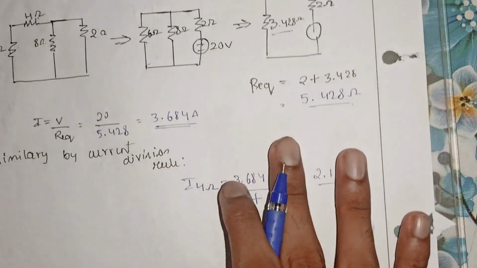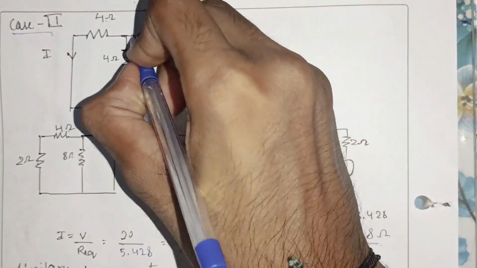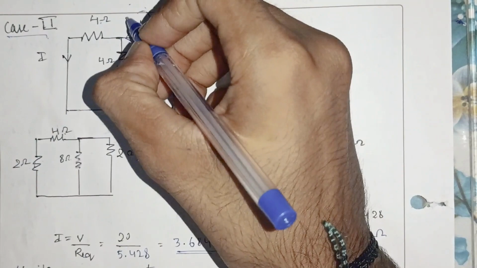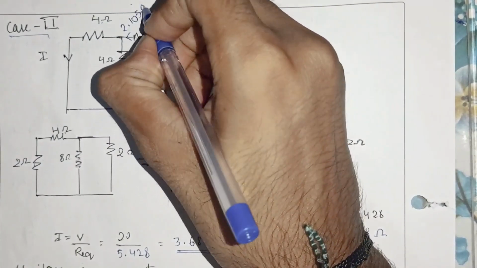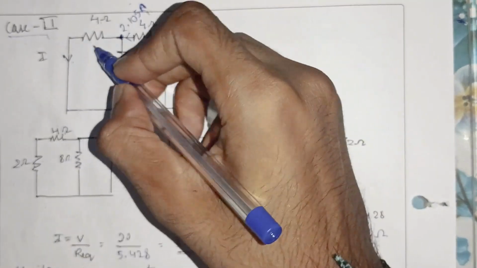So the current that is flowing through the 4 ohm branch is simply 2.105 ampere. Again at this node the current splits, so I have to calculate the current I flowing through the 4 ohm resistance.